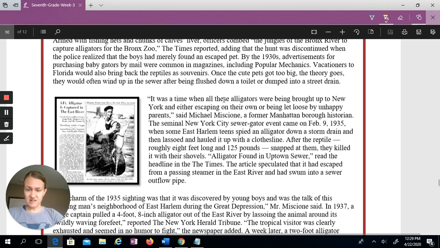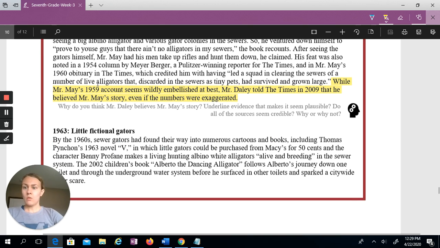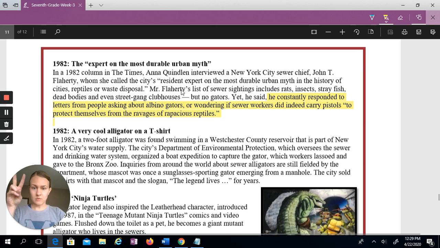However, as we scroll through, the 1959 account is "wildly embellished at best." Mr. Daly told the Times in 2009 he believed this, even if the number is inflated. So first it confirms that there are alligators, but the amount that people have talked about, the numbers, like there's 100 alligators in the system, that's an exaggeration. There's not that many. And we scroll down.